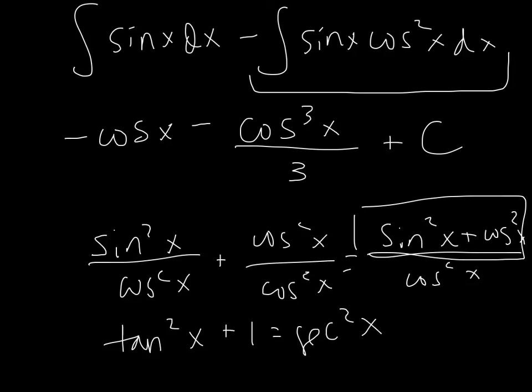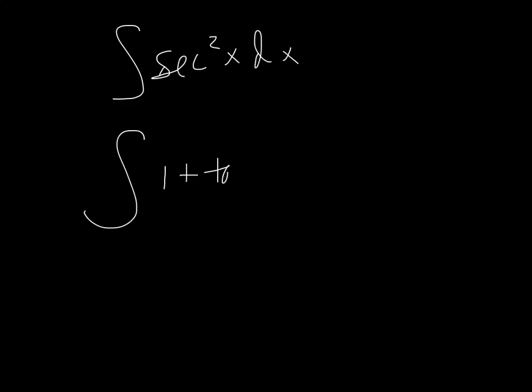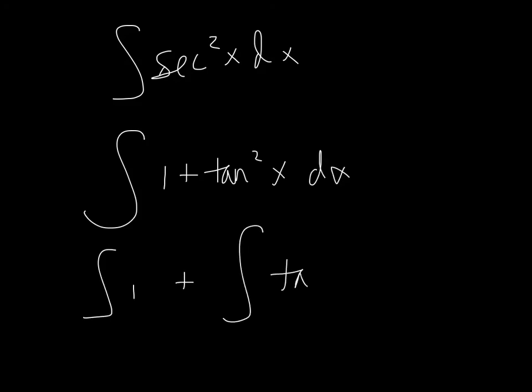So when you asked me to integrate secant squared x, I think that was one of the questions you had. You said the integral of secant squared x dx. I would rewrite it as the integral of 1 plus tangent squared x dx. And then I would do the integral of 1 plus the integral of tangent squared x dx.